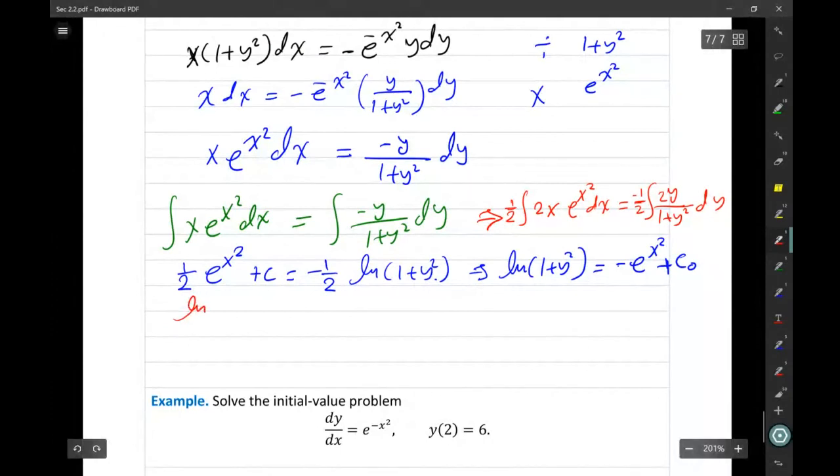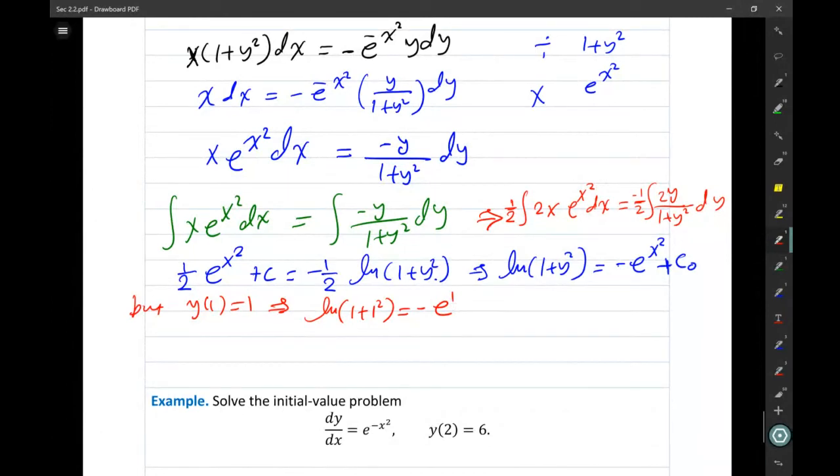So ln of 1 plus 1 square equals minus e to the power 1 square plus c naught, which implies ln 2 equals minus e plus c naught.